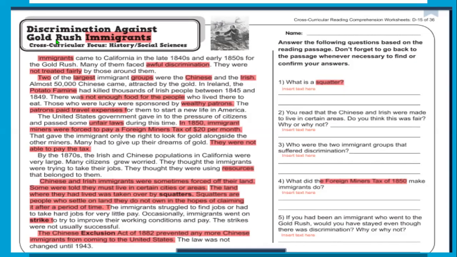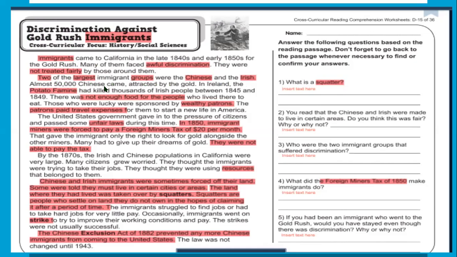Discrimination against gold rush immigrants. Cross-curricular focus: history, social sciences. Immigrants came to California in the late 1840s and early 1850s for the gold rush. Many of them faced awful discrimination. They were not treated fairly by those around them. Two of the largest immigrant groups were the Chinese and the Irish.